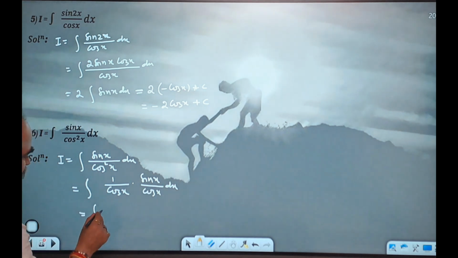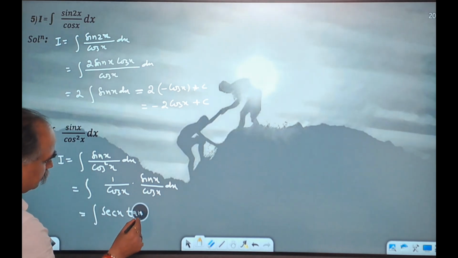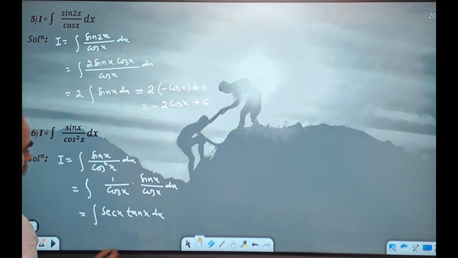One upon cos x is sec x, sin upon cos is tan. Integral sec tan is your formula, sec x plus c.